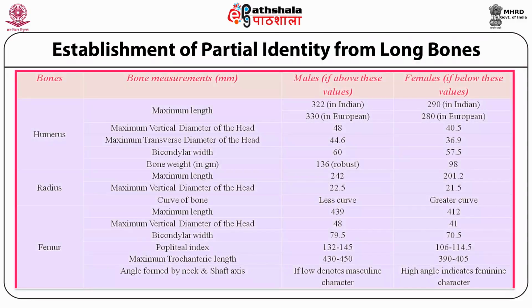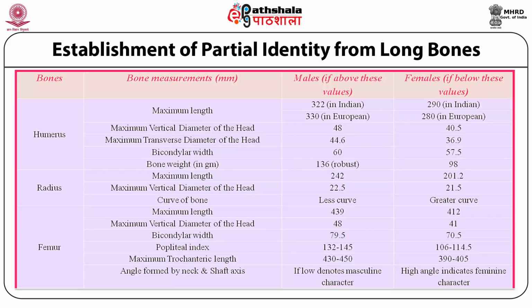The displayed table is showing you the establishment of partial identity from long bones. These bones include humerus, radius, and femur.